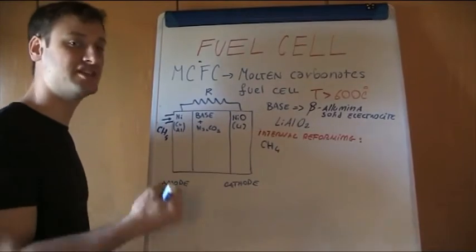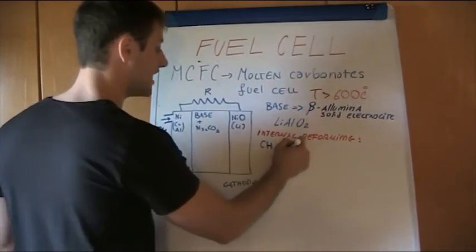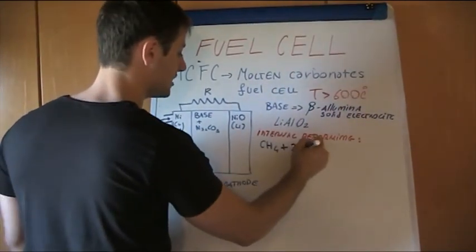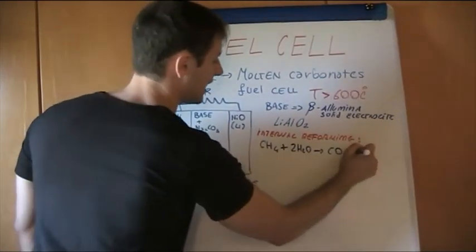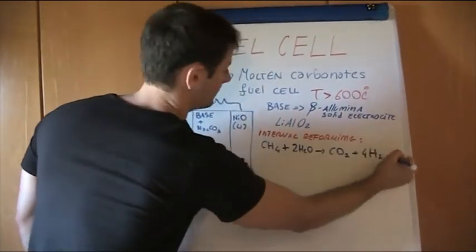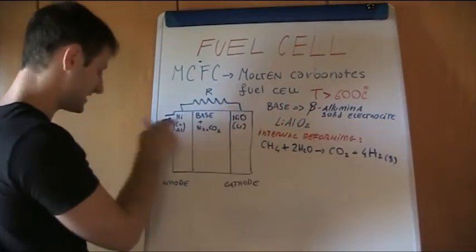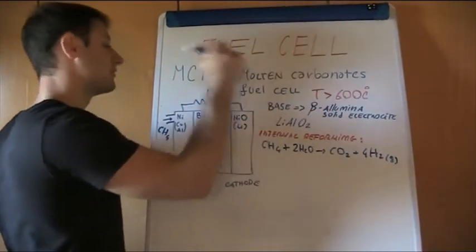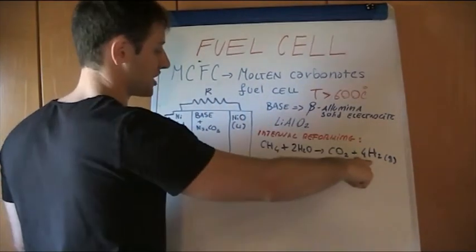that increases the energy density of our device. And so we can use methane and react it, involving the use of this high temperature together with steam in a steam reforming, promoting the formation of carbon dioxide and a lot of hydrogen. And so we can feed a more energy dense gas directly in the anode, and due to an internal reforming we can promote the formation of hydrogen.